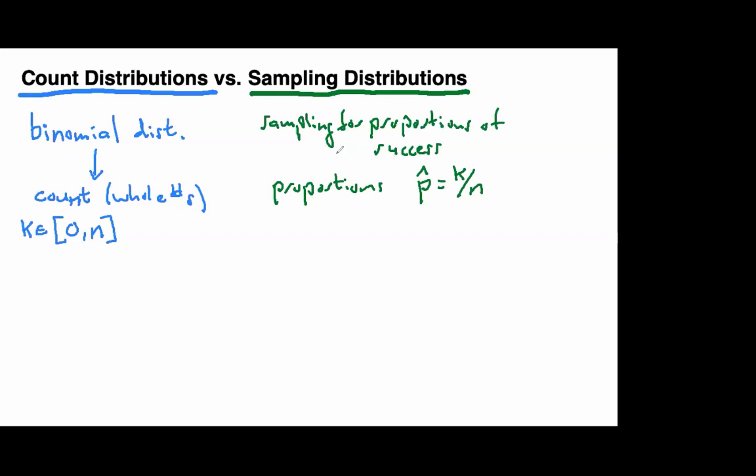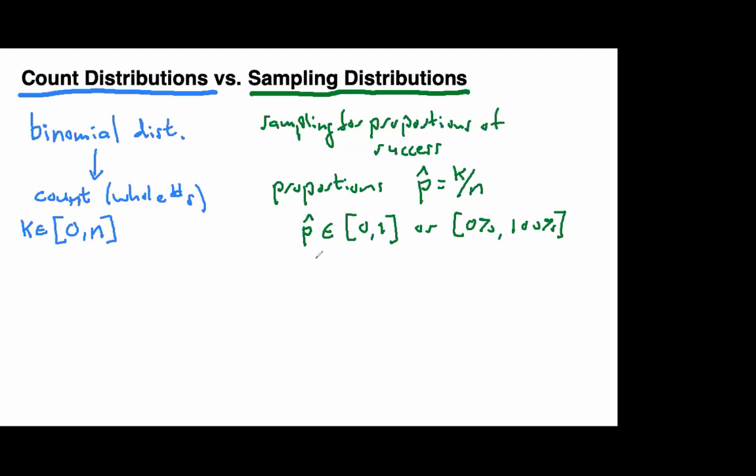Now, where does the p hat exist? The p hat exists somewhere between technically 0 and 1, or 0 and 100%. It is possible that the entire sample does not have the characteristic we're looking for, so it is possible to be 0%.